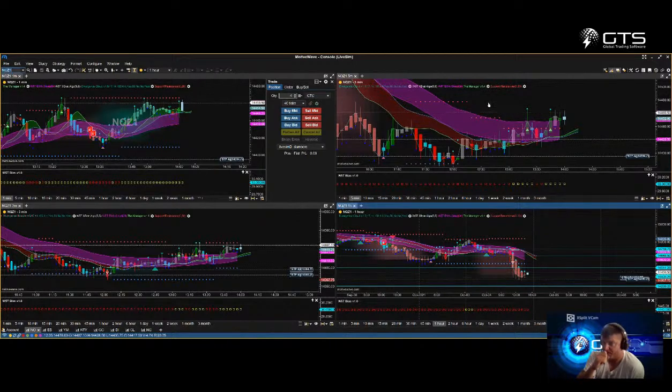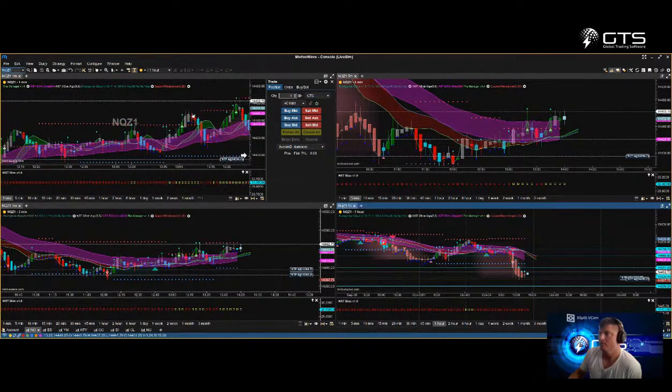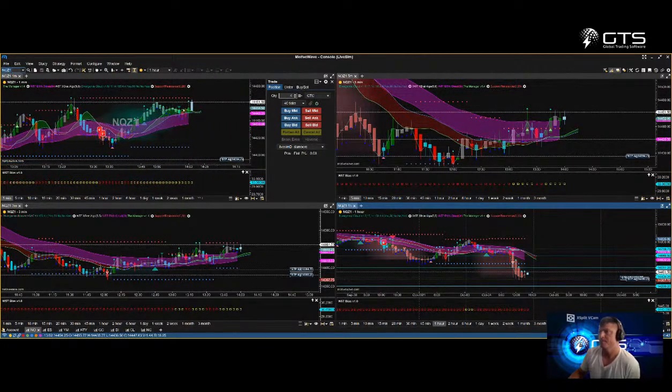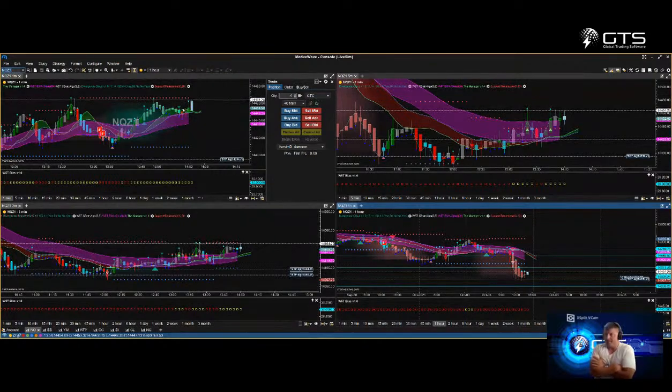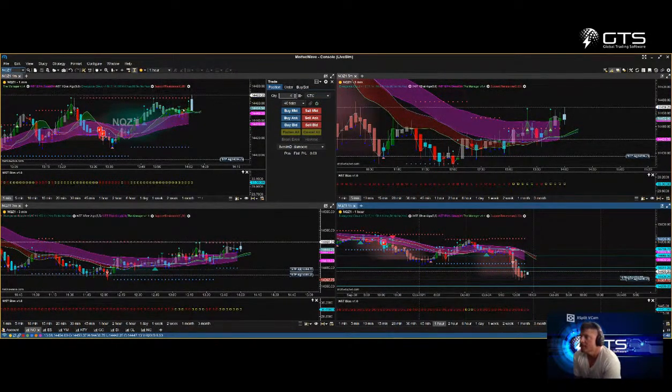Bunch of support and resistance players right now, it looks like. Oh, look at it.